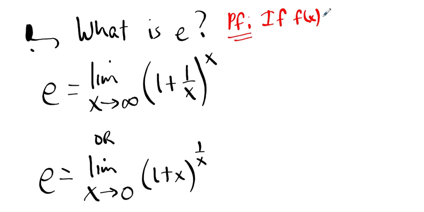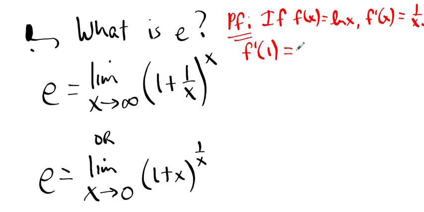If f of x is the natural log of x, then f prime of x is 1 over x. You remember that, don't you? So consider the following. Bill Nye the Science Guy. What is f prime of 1? Well, f prime of 1 is the limit as h approaches 0 of f of 1 plus h minus f of 1, over h.